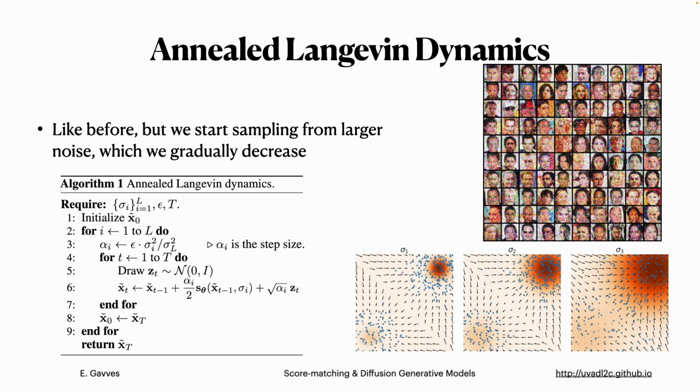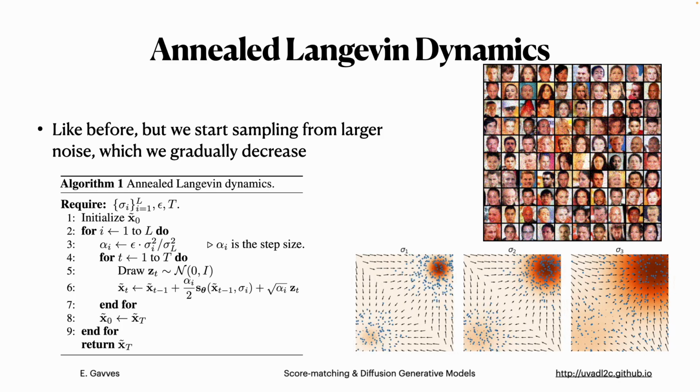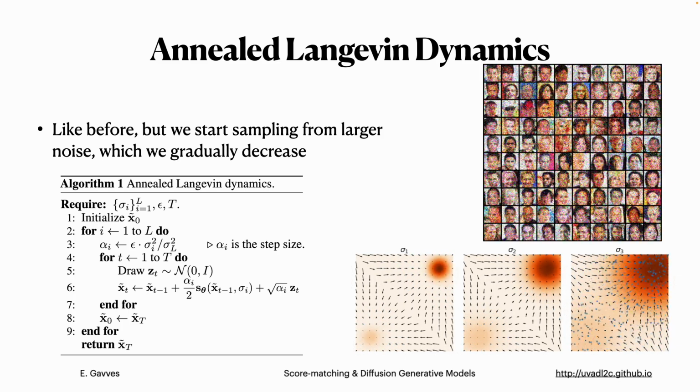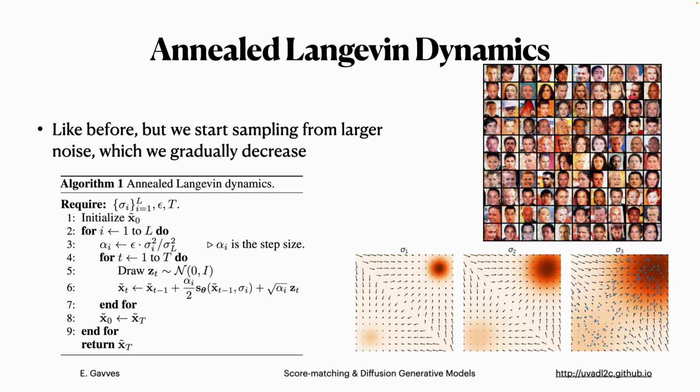Once we finish for this noise scale, we reinitialize our x0 and go to the next noise scale. So indeed, it's similar to before, but the point is that you need a specific noise adding procedure to make this work.